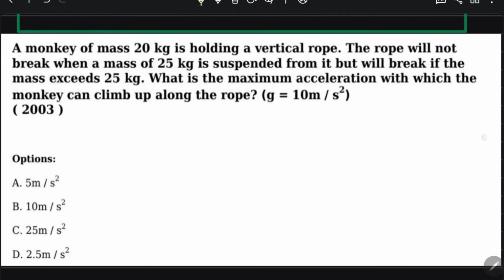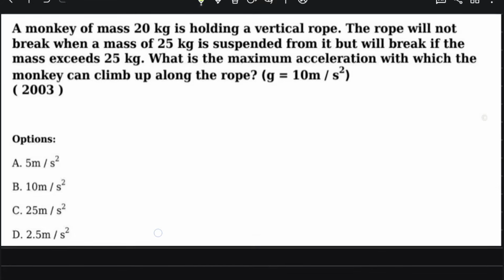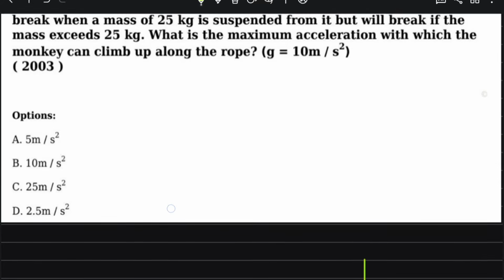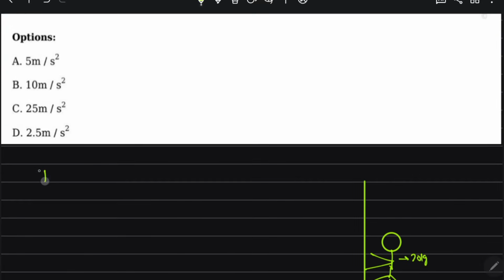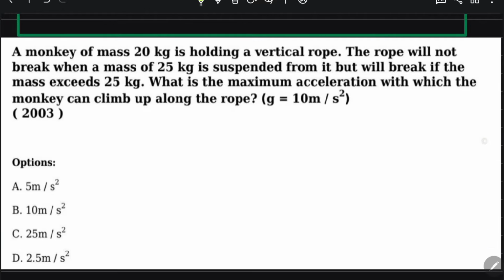The rope will not break when a mass of 20 kg is suspended from it, but will break if the mass exceeds 20 kg. Means the maximum tension is 25 g.